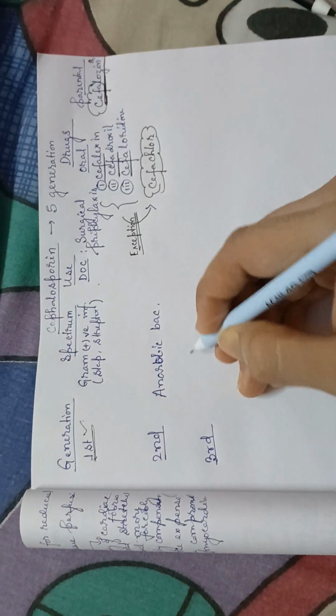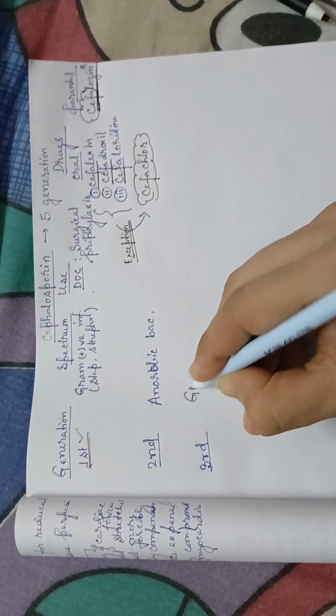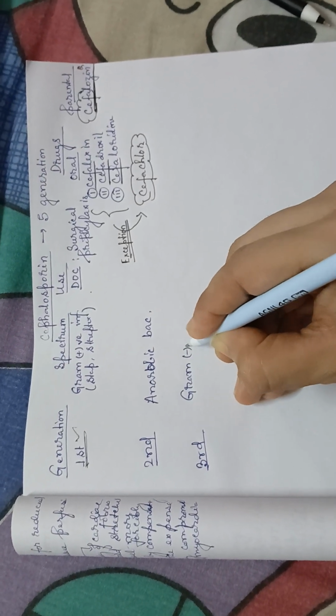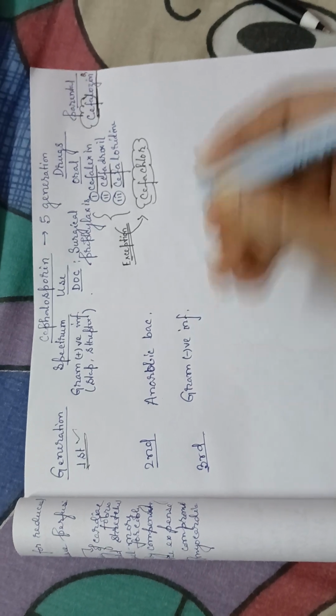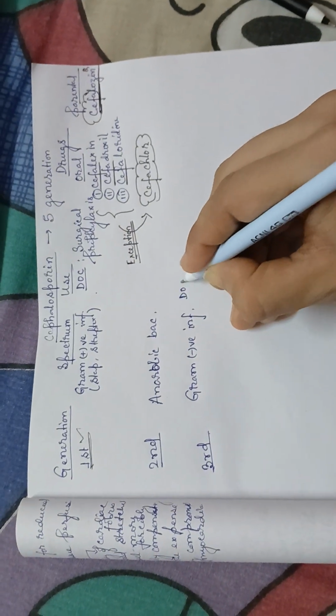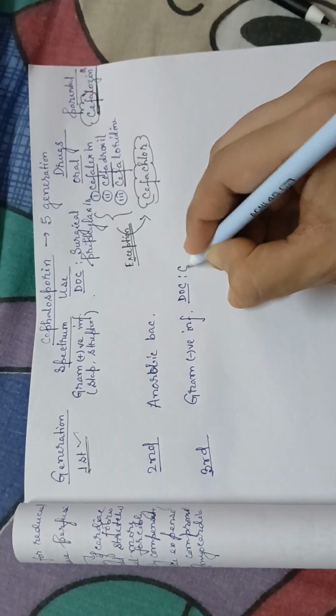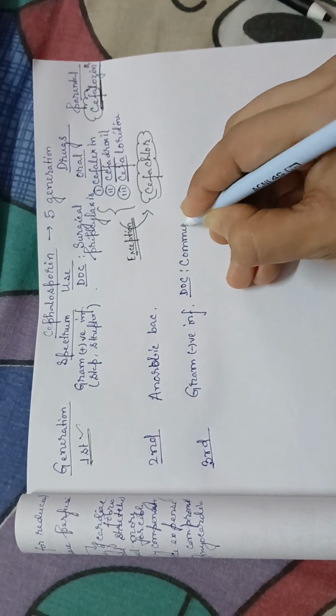Now the third generation, it is for gram negative infection. Drug of choice: community acquired gram negative infection.